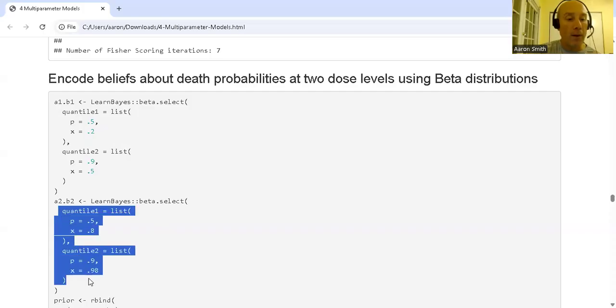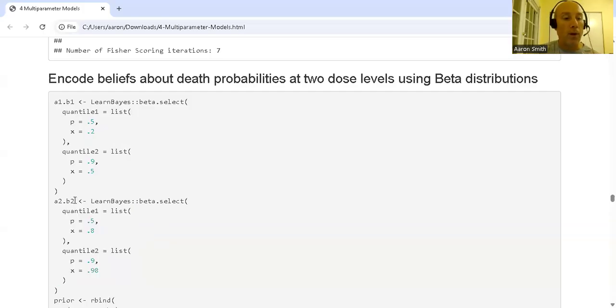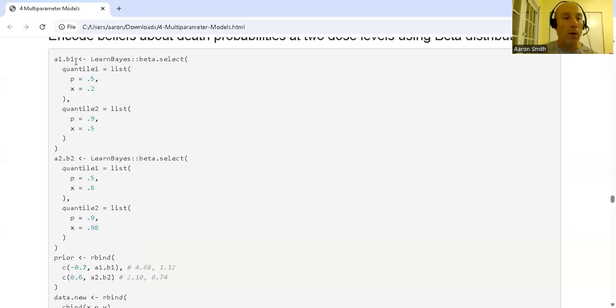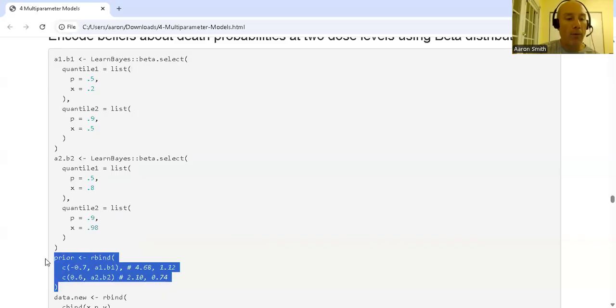I'm going to drop these into the dose location of positive 0.6. And what that's going to do is estimate alpha and beta values for the beta distribution of the parameters at those two doses. Okay, and so now this is my prior information.